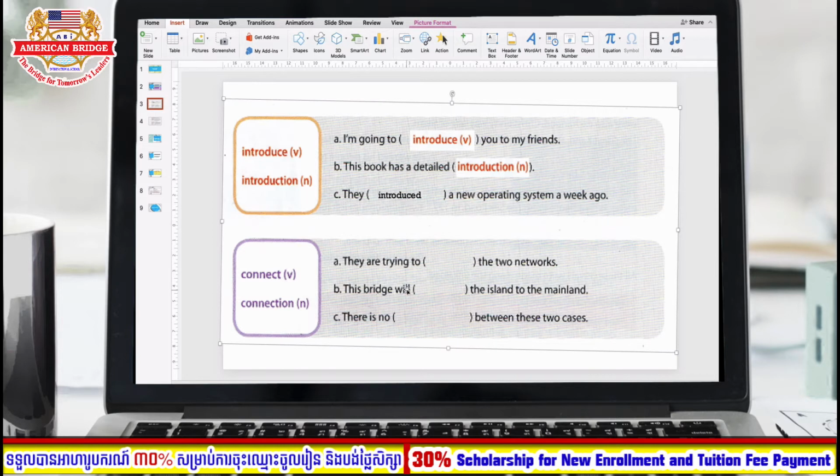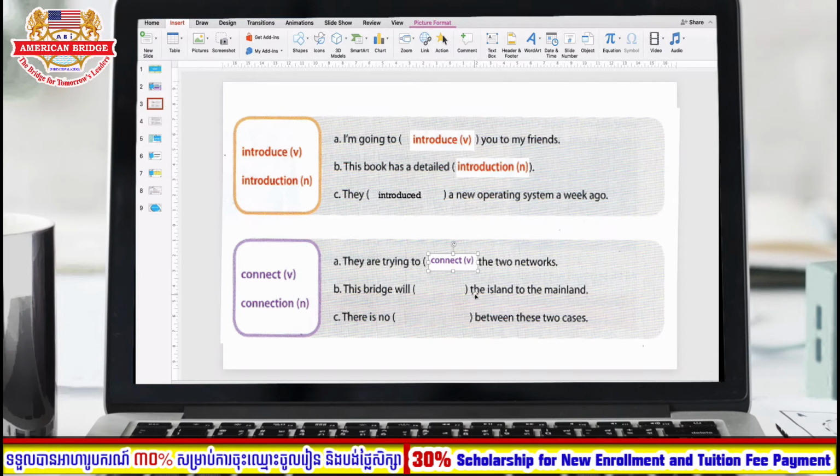Okay, let's move on to the second box, connect and connection. Again, they are trying to connect the two networks. Sure, we need a verb right here. Just copy it and put it here. The bridge will connect the island to the mainland.